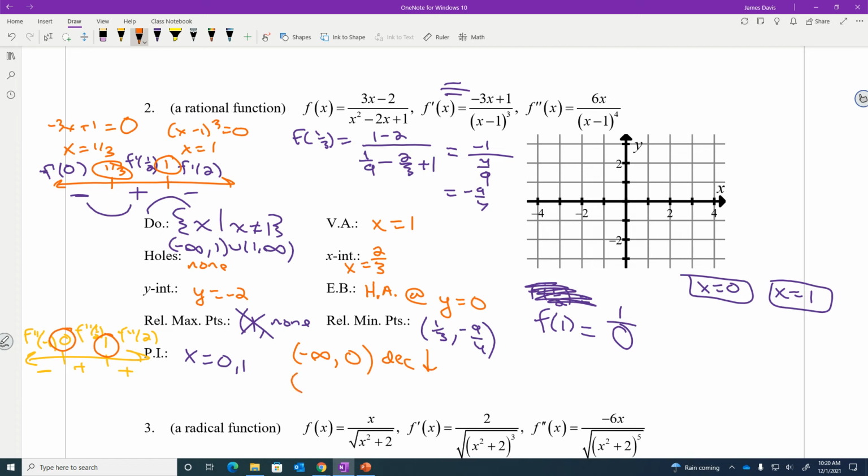Next one, we're going to take off from 0. 0 up to our next one, which is a third. So 0 to a third. We're still decreasing, because it's still negative, but we're concave up. So we switched. So decreasing and up. And then our next interval will be a third to 1.